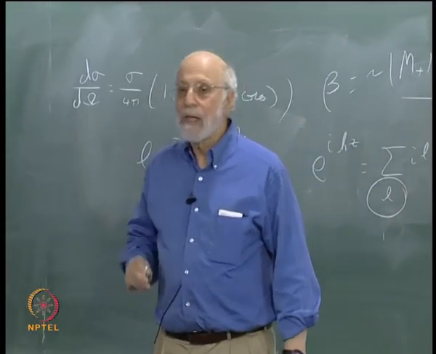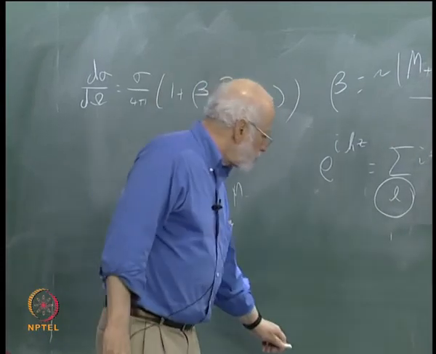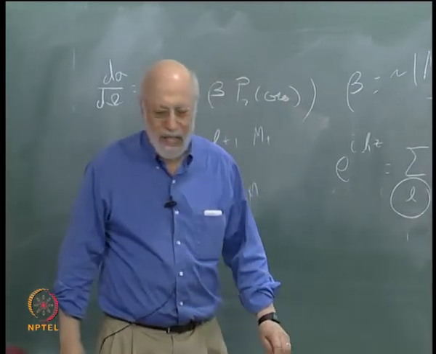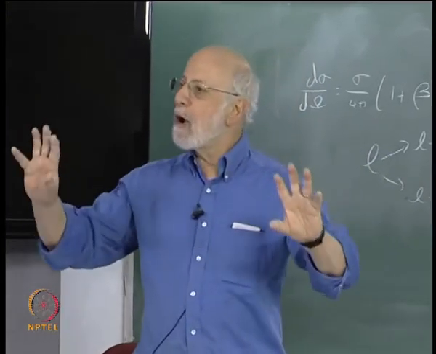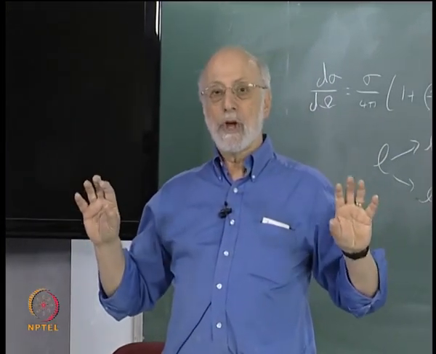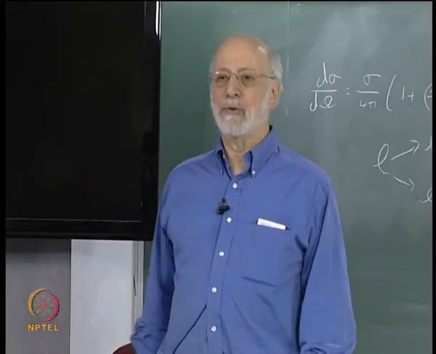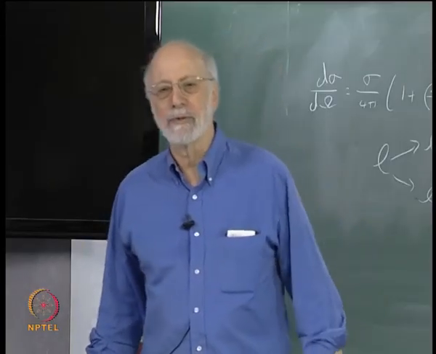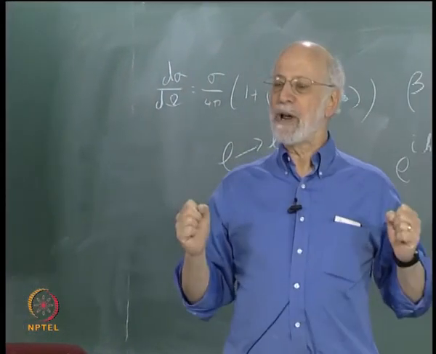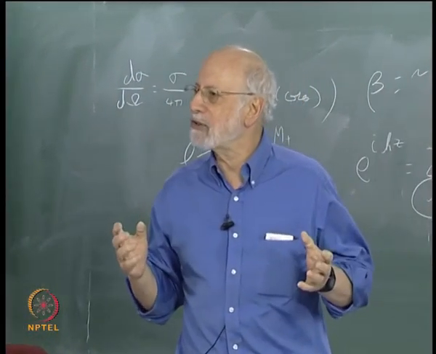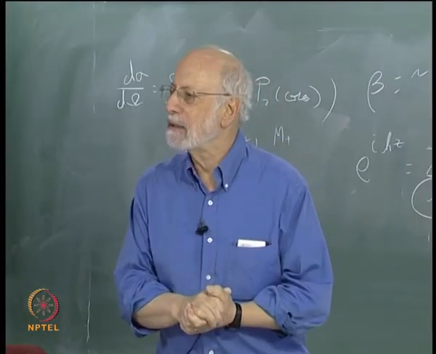But now, the study of beta is very useful from the following point of view. From the cross-section itself, you learn only about the magnitude of matrix elements or amplitudes. And fundamentally, the most fundamental information you can get about a process is the matrix element.